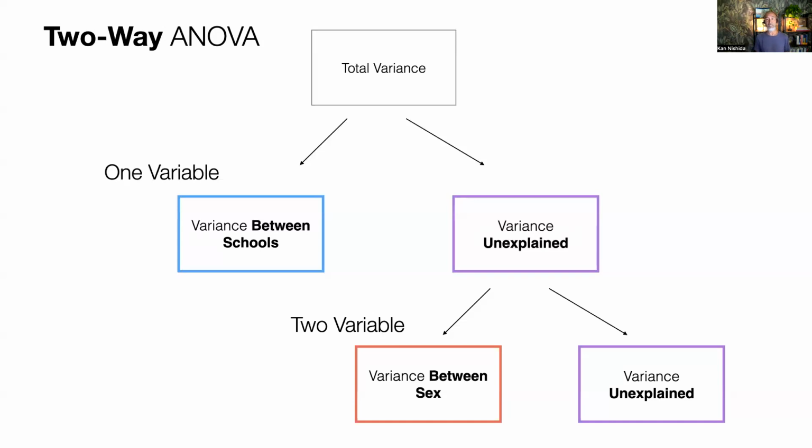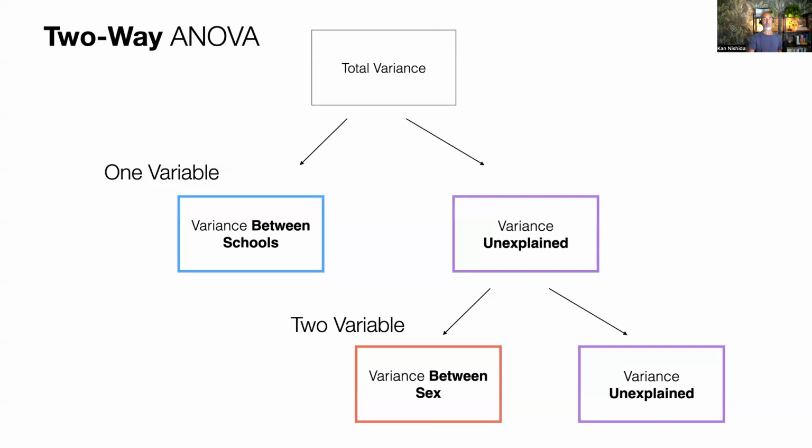The right-hand side bottom is really the error, or residual, or variance unexplained. So now we have 3 things: variance between schools, variance between sex, and variance unexplained. These 3 things came out of the total variance. Using these, we can calculate the ratio, then the p-value, and then decide whether the difference is significant or not.